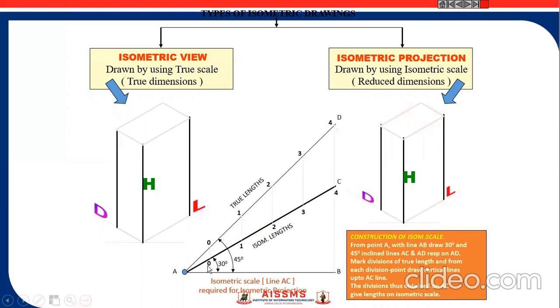So this is your isometric scale. We can use this scale to draw the isometric projection, or we can directly get the value by multiplying the original two-dimensional measurement by 0.815.